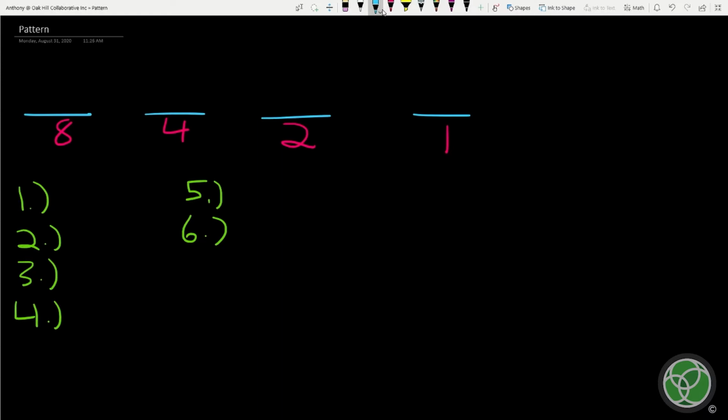Now let me tell you, when you're using a binary space, these numbers increase by doubles. So if you have space 1, if you were to double space 1, you get 2. If you double 2, you get 4. If you double 4, you get 8. If you doubled 8, you get 16, and so on. But we're just going to look at these numbers right here to keep it simple for now.